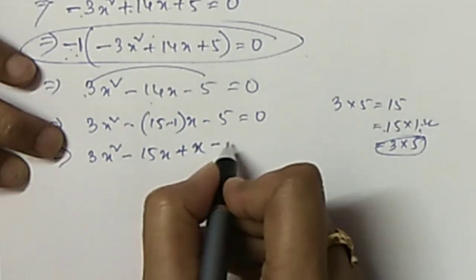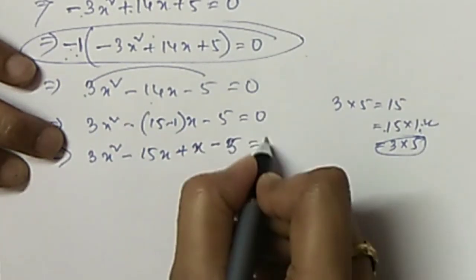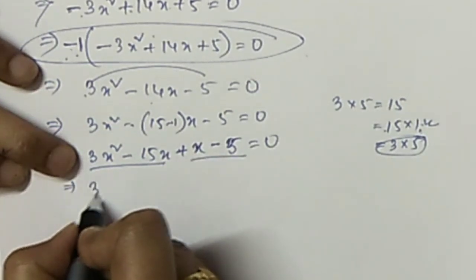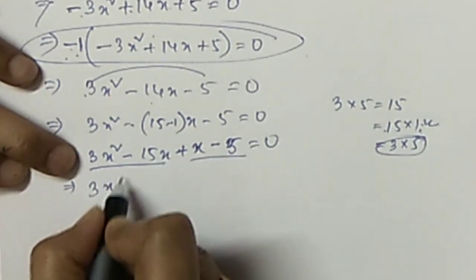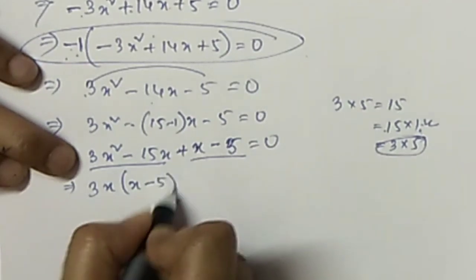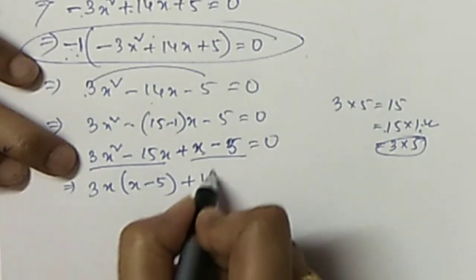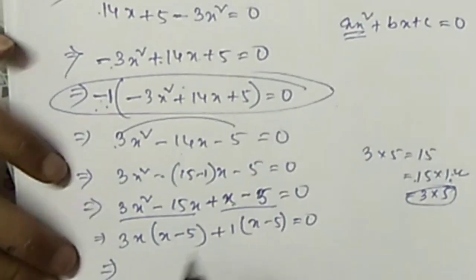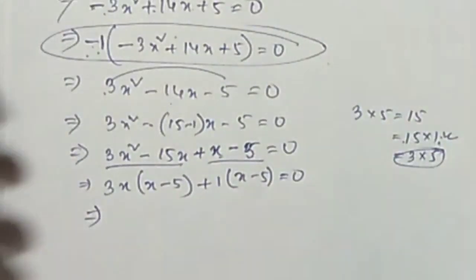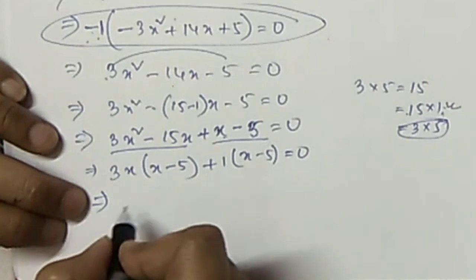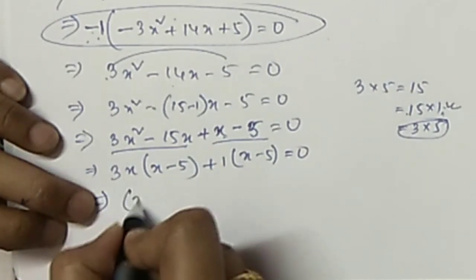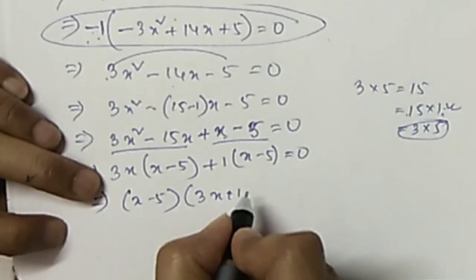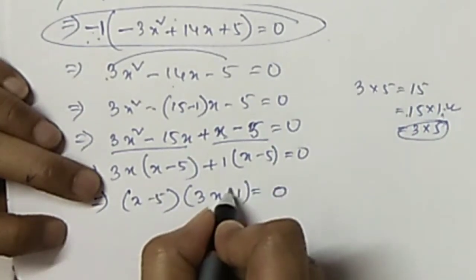तो 3x स्क्वायर माइनस 15x प्लस 1x, तो सिर्फ x ही लिखिए, देन माइनस 5 इक्वल्स टू 0. दोनों से यहाँ पे 3 भी आएगा और दोनों x में से एक x आ जाएगा, x माइनस 5. यहाँ पे कुछ भी नहीं दिख रहा है तो 1 कॉमन है. वेरी सिंपल, when there doesn't seem to be any common factor, common term, we take 1 as common. 3x plus 1 is equal to 0.